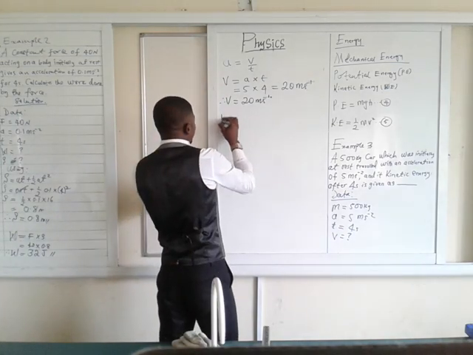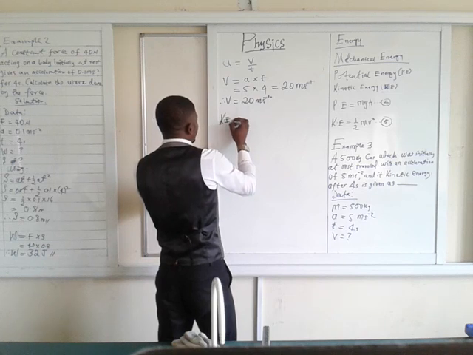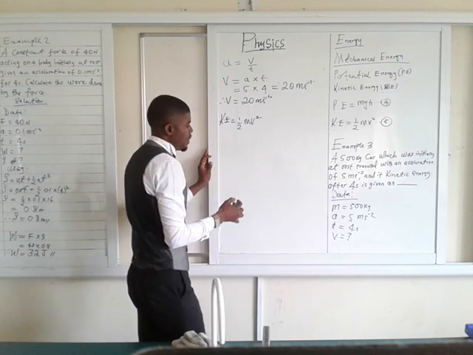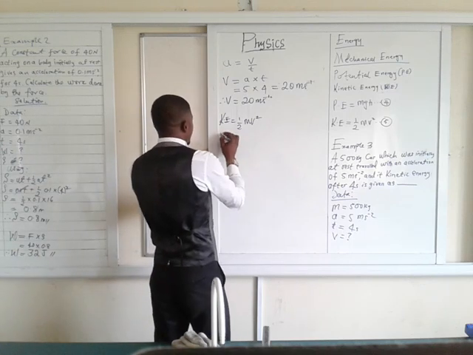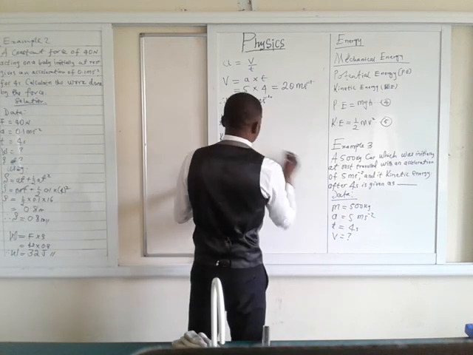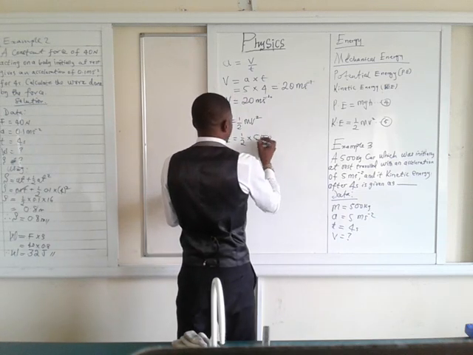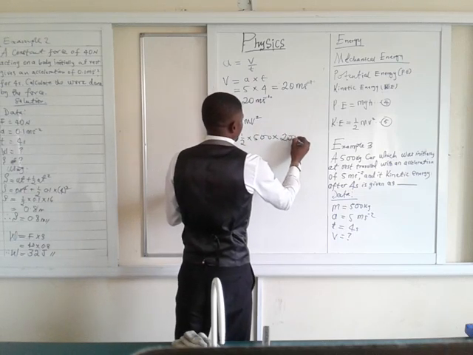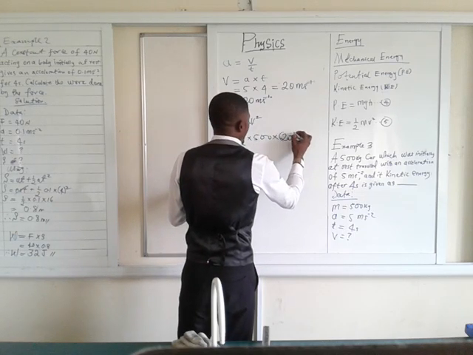And so we have kinetic energy KE equals half mv squared. By substitution, we have KE equals half times 500 times 20 all squared.